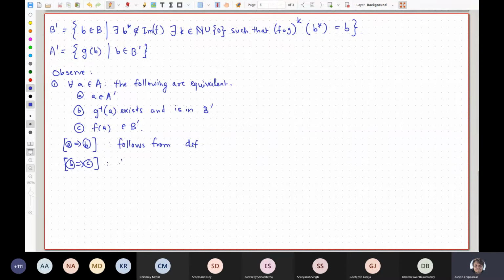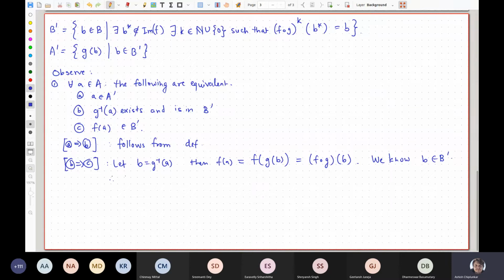So therefore, let B be equal to G inverse of A. Then F of A is equal to F of G of B, which is F compose G of B. But now we know B is in B prime.